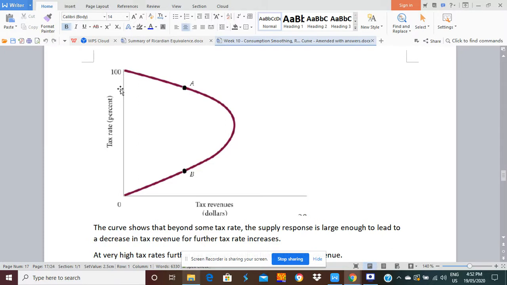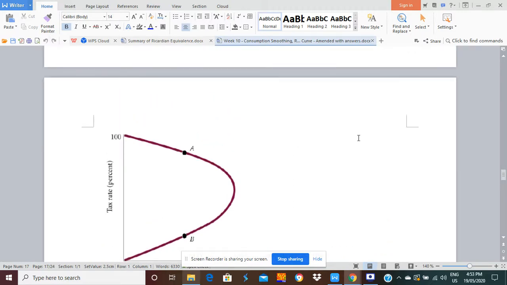So the logic is that as the taxes paid by the worker increase, the amount of work changes. So the curve is actually based on labor supply as well.